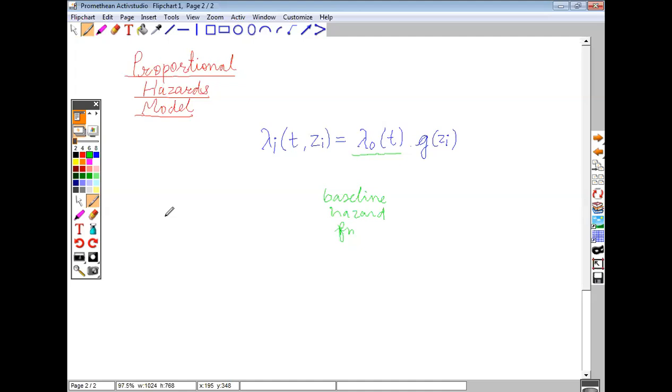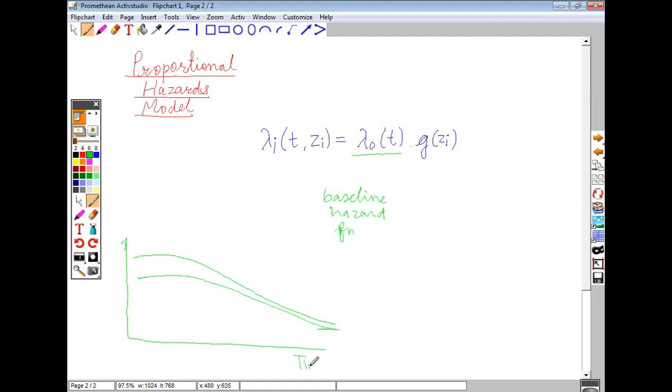Let us say, for example, you see some graph like this. This is the actual shape that a hazard model can take, and then it could be something like this.